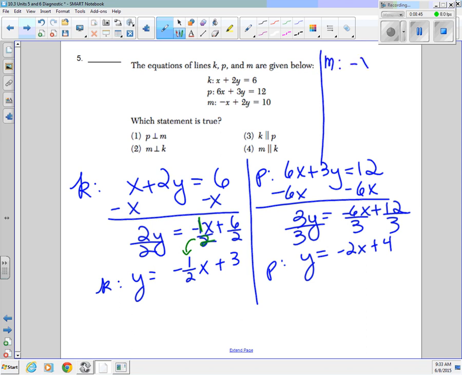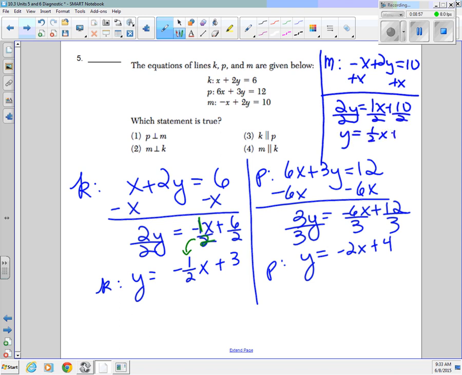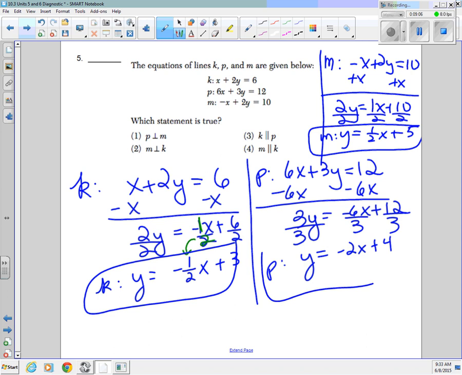M was negative x plus 2y equals 10. I'll add x to both sides. I get 2y equals 1x plus 10, divided by 2. I get y equals 1/2 x plus 5. So here are my lines. This is M. This is K. And this is P.